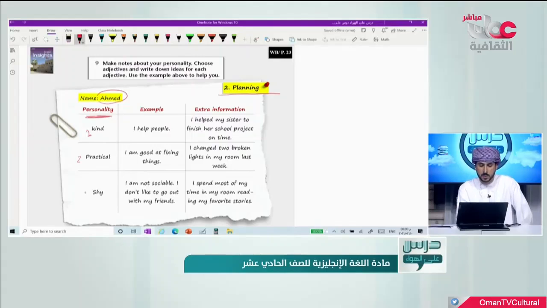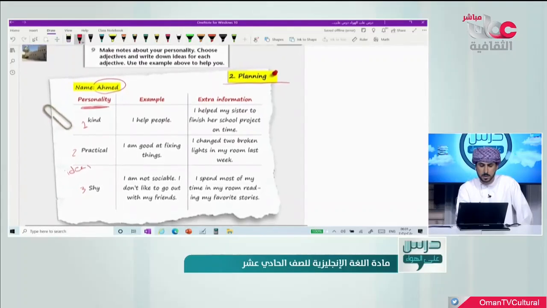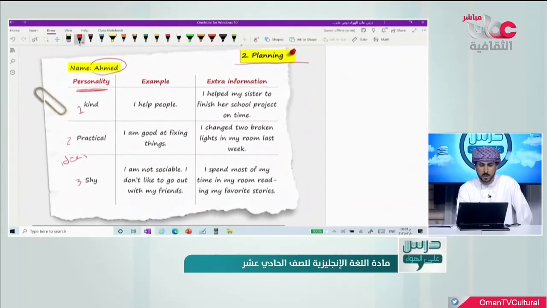Number 3, he is what? He is shy. Okay, again we have 3 ideas. Since we have 3 ideas, it means that we are going to write 3 paragraphs.